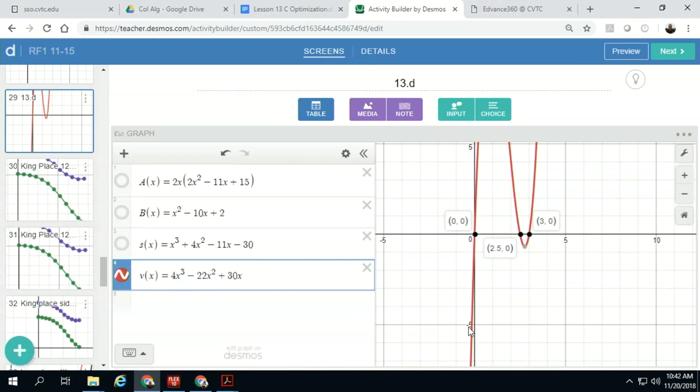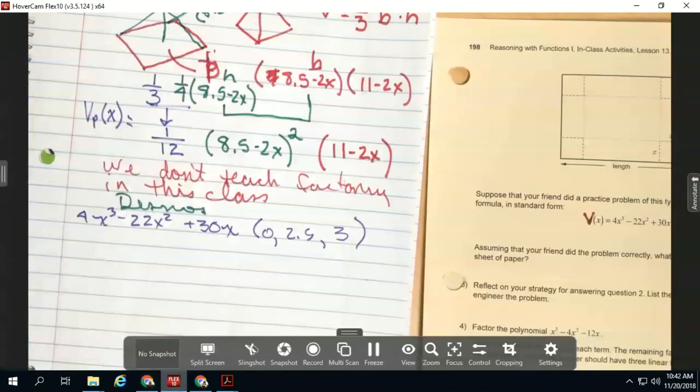So for the equation 4x to the third minus 22x squared plus 30x, we get zeros at 0, 2.5, and 3. How do we change those into factors?